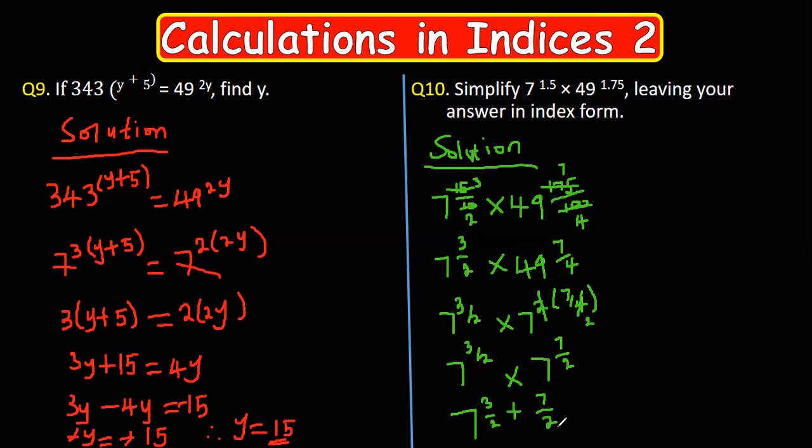The denominators are the same, so we just add the numerators. So we should have 7 raised to the power of 10 over 2. And finally our answer, cancelling this, is 7 raised to the power of 5.